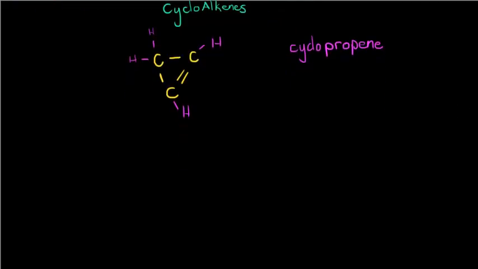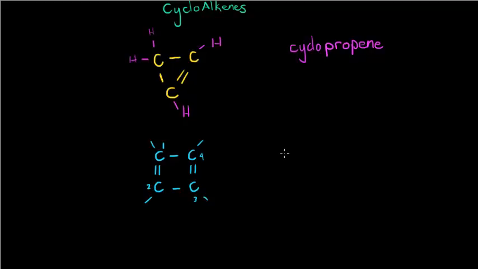Now if we were to look at the next one, that would be 4 carbons in a ring, and let's say we had double bonds here. Now obviously we'll need to number. If we start here, it's 1, 2, 3, 4.